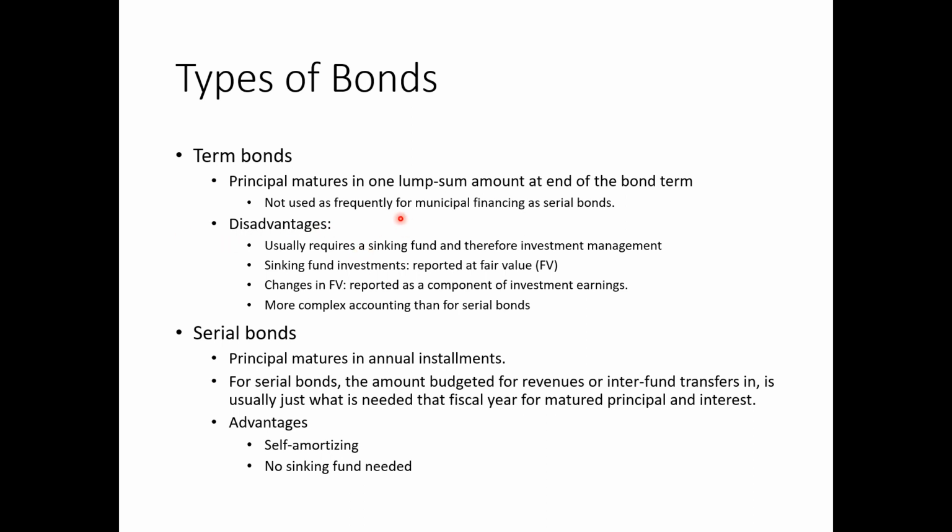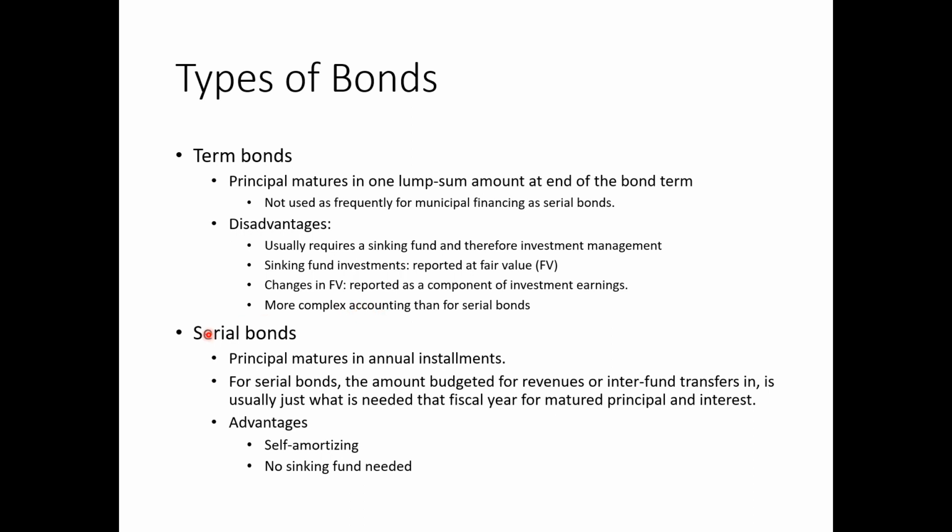Because we need to pay one lump sum amount at the end of the term. Then usually we need to set up a sinking fund. That's an investment, so we need investment management. And if we have a sinking fund, there are additional reporting issues, so it's more complex to use term bonds.